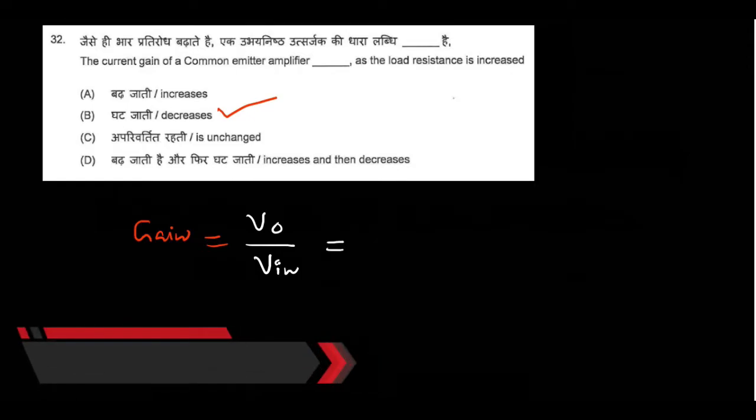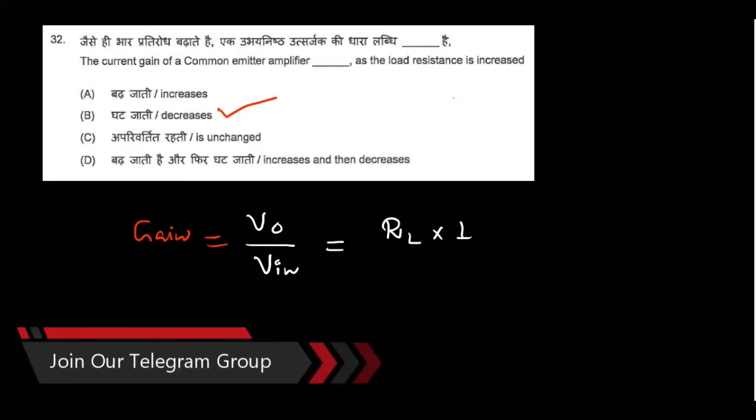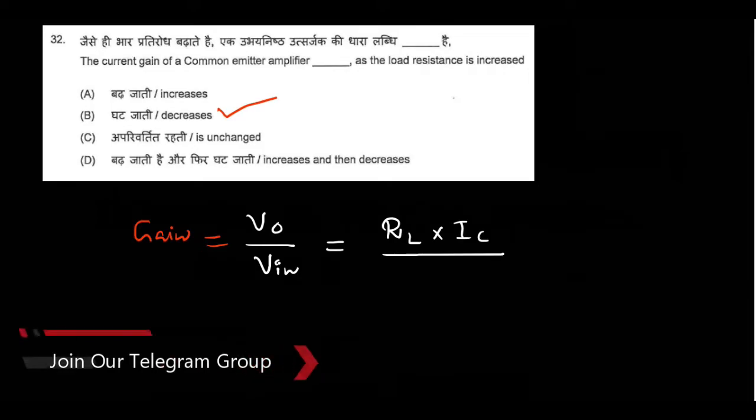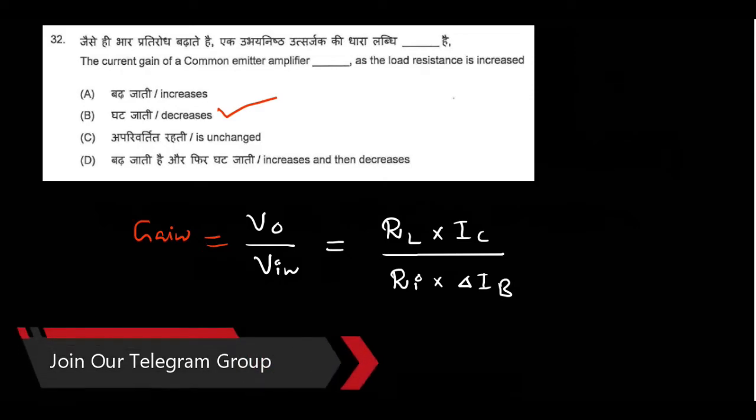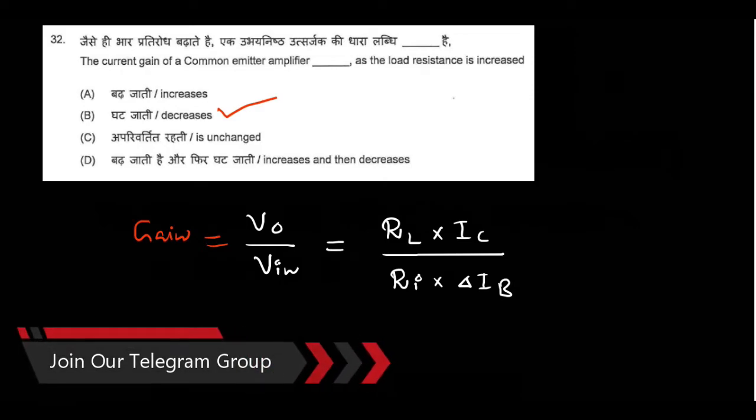For a common emitter amplifier, RL multiplied by IC, collector current, upon Ri, change in the base current. So this is the voltage gain. By increasing the RL, voltage gain increases but current gain decreases.